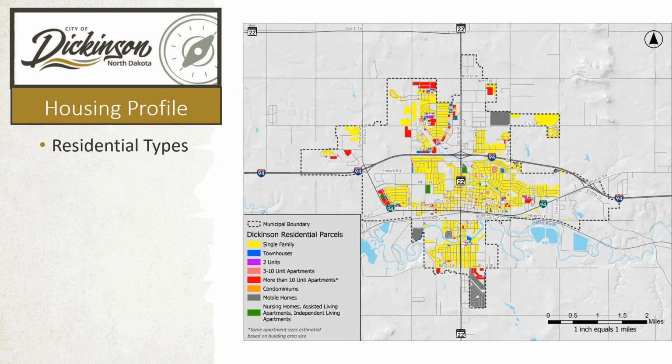So just looking at where that housing is today, you can see that a lot of that 20 to 60-year-old housing between I-94 and business I-94 is primarily single-family housing.